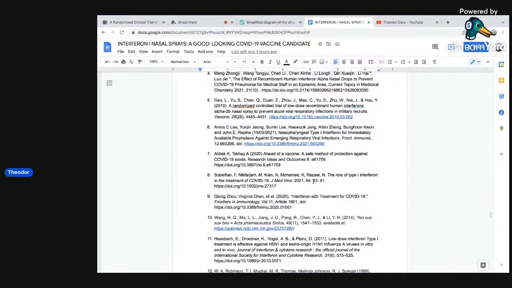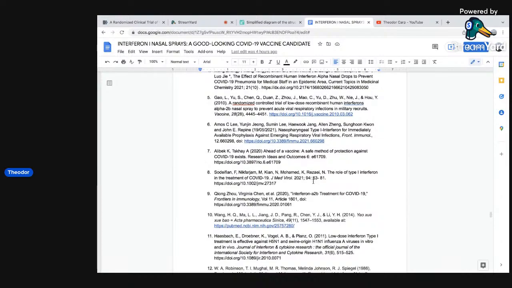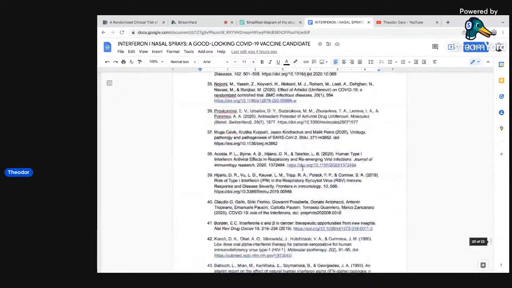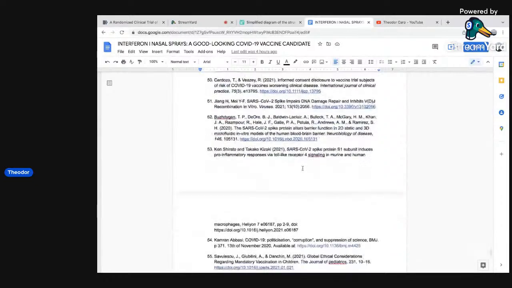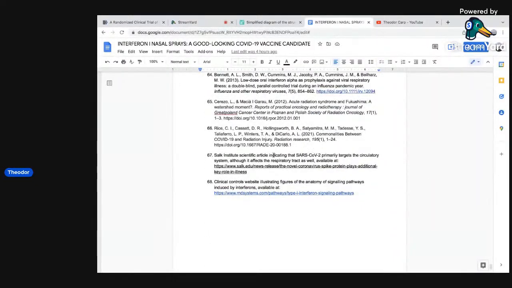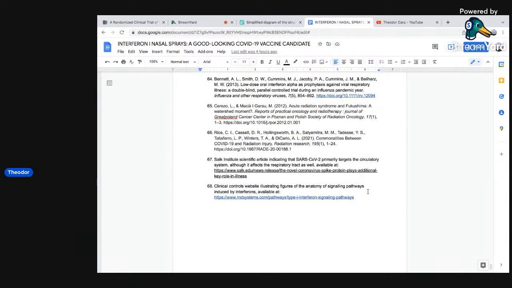One of them is interferon alpha 2b nasal sprays, and the second is interferon beta 1 nasal sprays. I have quite a number of them here. In total, we have 66 proper references and two articles basically providing evidence, but not in a very academic fashion.